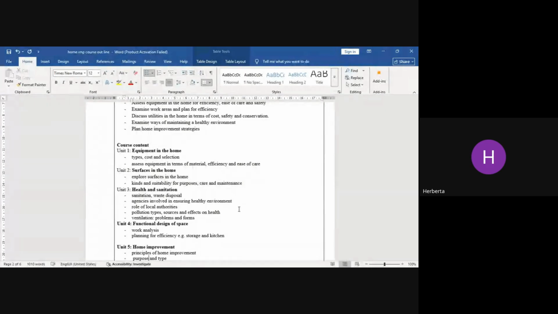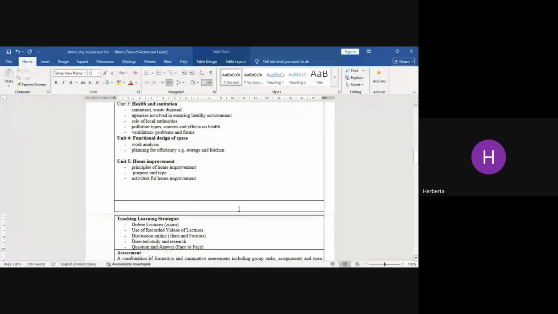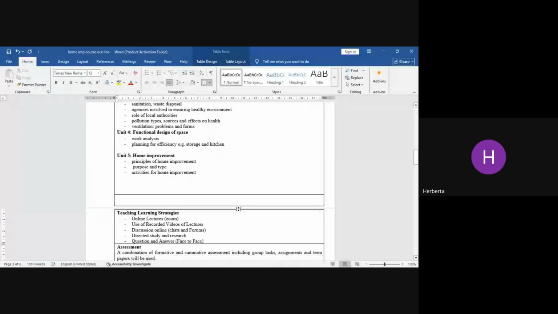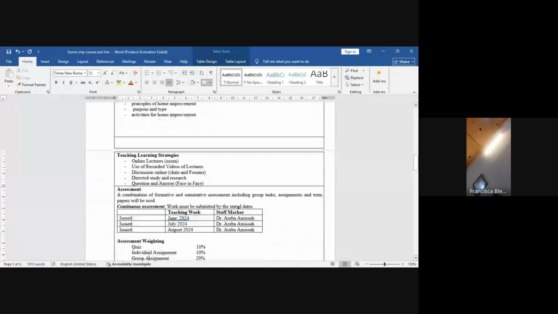Unit 4 talks about the functional design of space. And then we conclude with Unit 5, with home improvement strategies. That is the course outline for this semester. And the course is housing and home improvement.